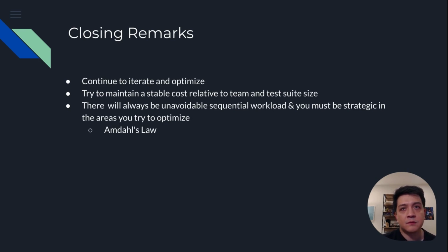There's a law for this called Amdahl's law, I believe, where there's a formula that tries to guide you in what areas you should optimize and what areas you should parallelize. And this formula actually takes into account the fact that there are unavoidable sequential workloads that you'll always face.